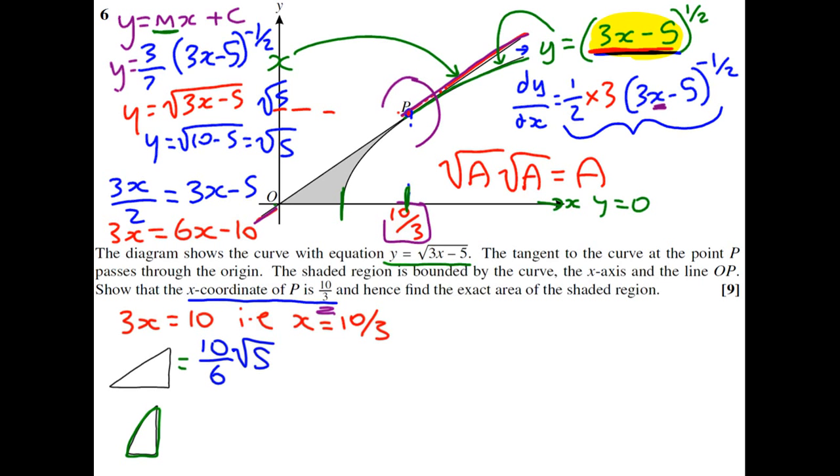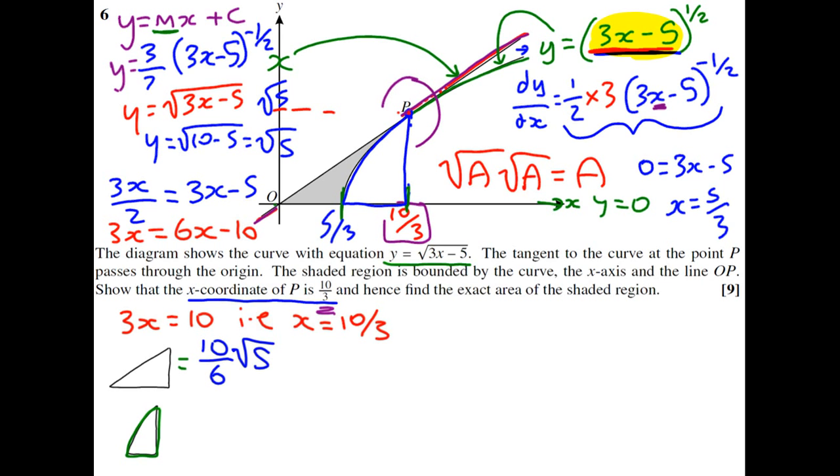So we're trying to solve the equation that 0 equals the square root 3x minus 5. Square both sides. Okay, so 3x minus 5 equals 0. Add 5, divide by 3. So x equals 5 over 3, which is actually halfway between the two, but we have to show it.